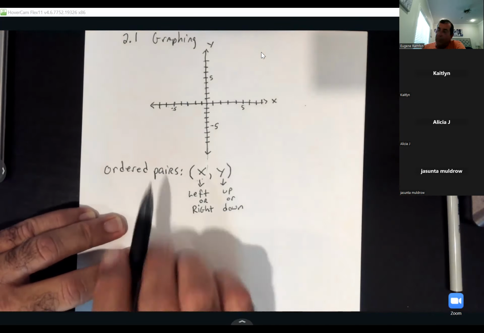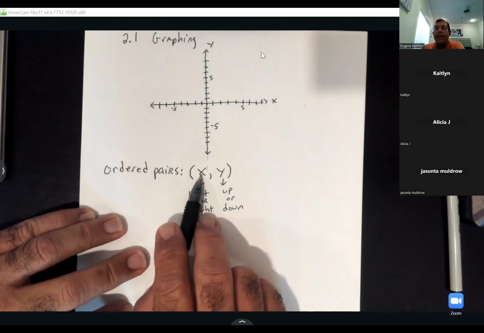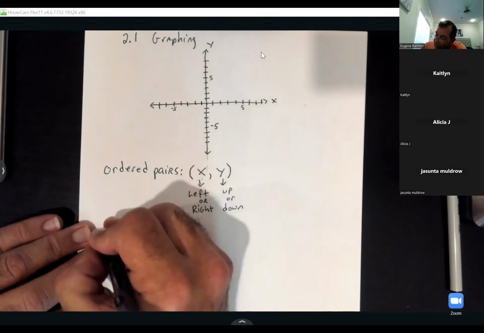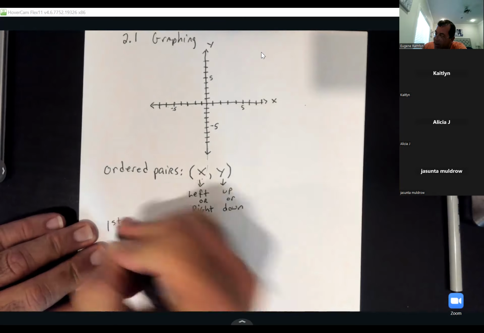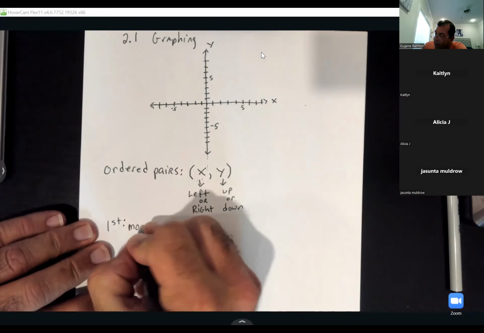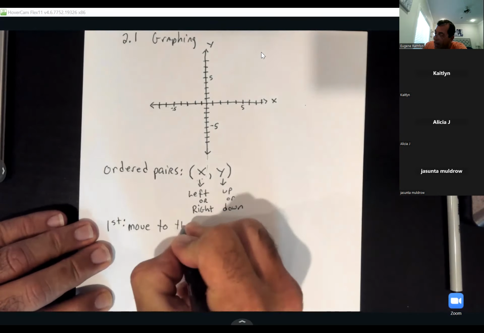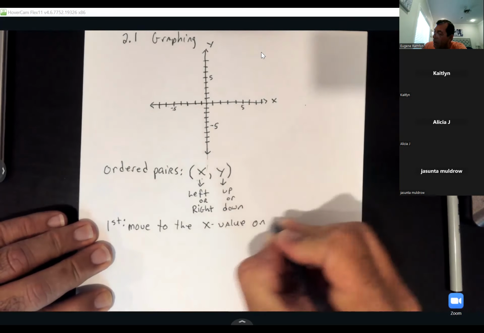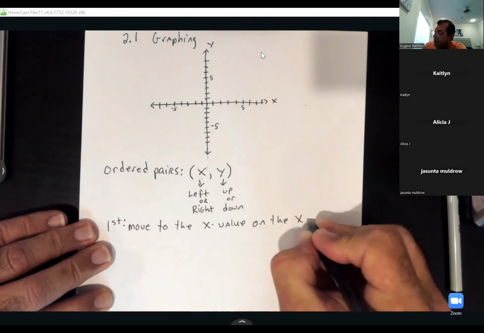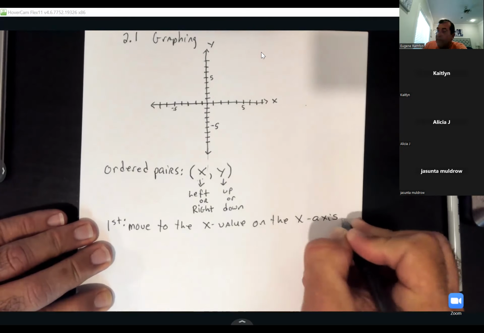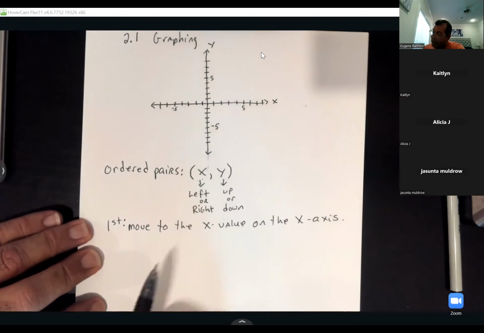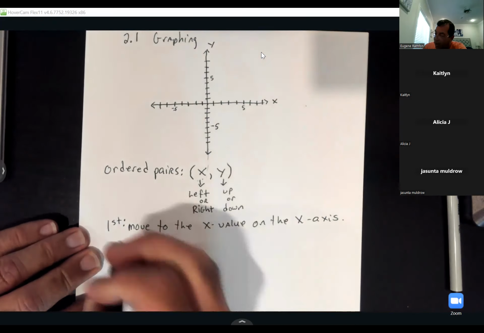So what I do to plot points, we plot the X value first, or we move to that X value on the X-axis. So the first thing you do when you plot ordered pairs, move to the X value on the X-axis. Now, I'm not going to put a point yet because I got to see what my Y value wants me to do.